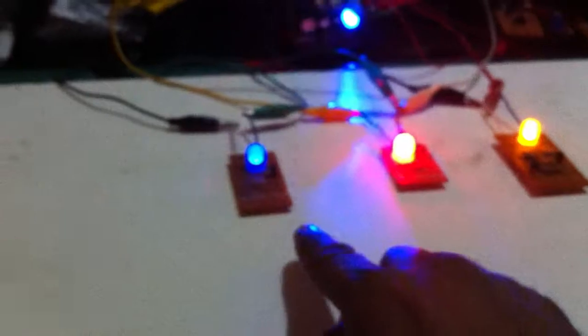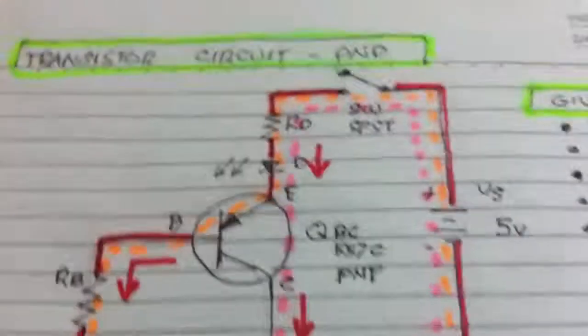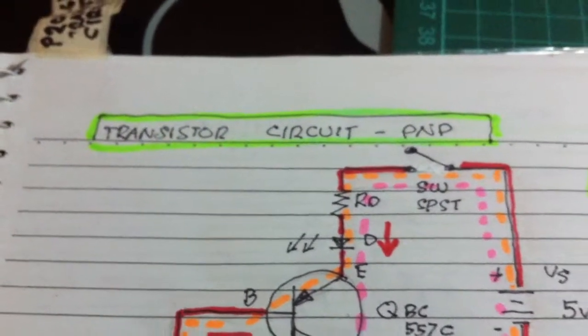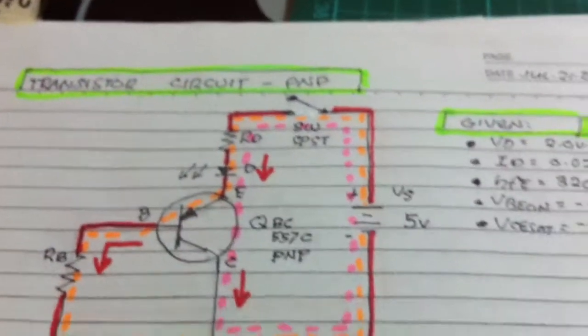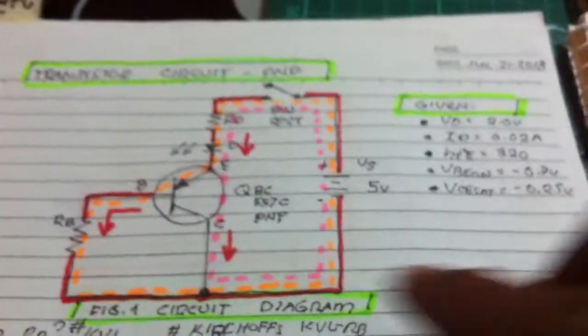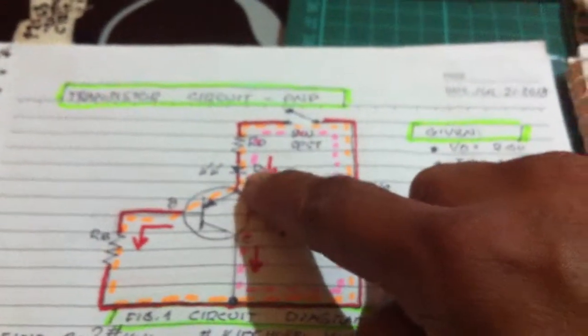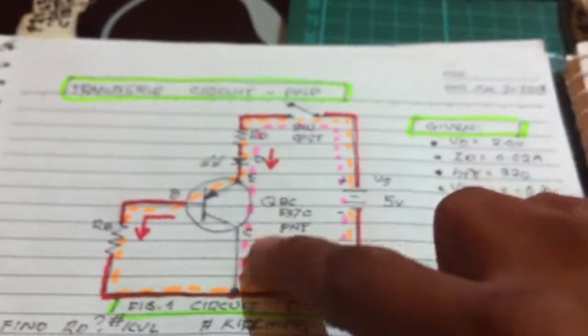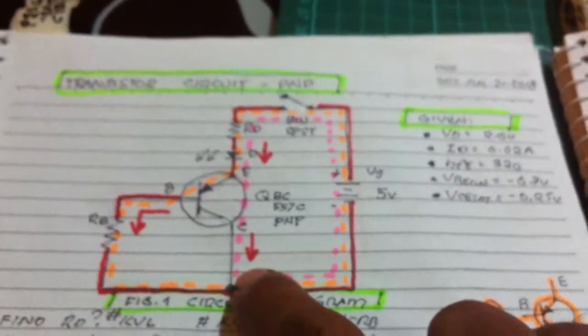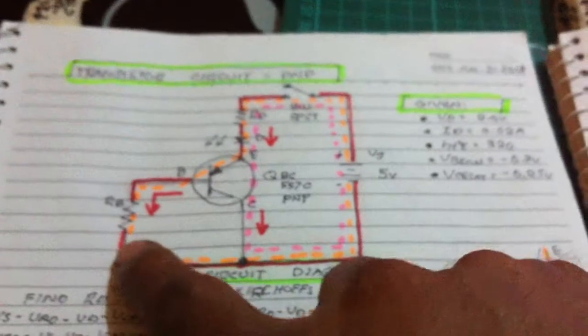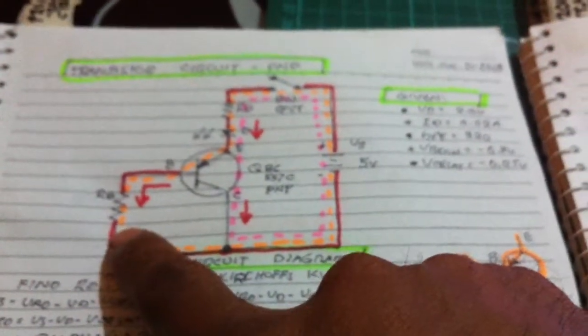The circuit of this blue LED is this transistor circuit PNP, and this is our previous circuit. Current flows here when you close the switch to the emitter, to the transistor, to the collector, that is PNP. Also current flows here to the base and to the base resistor.